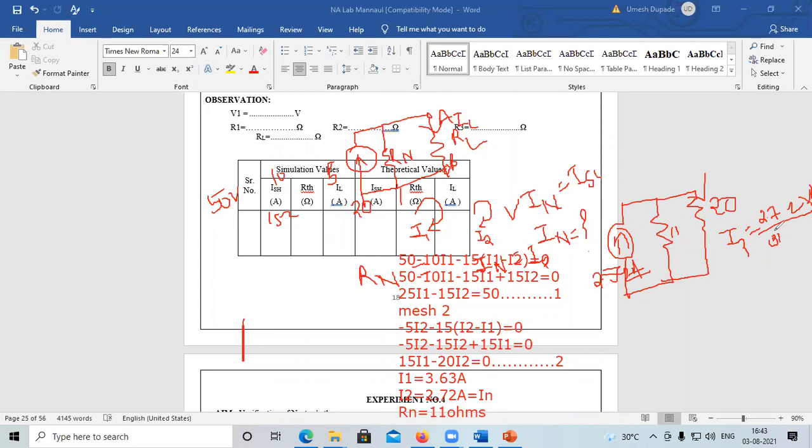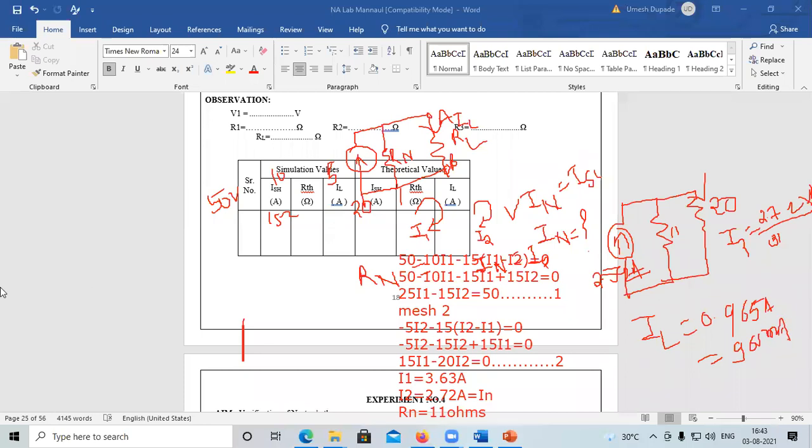Okay, so the load current IL is equal to 0.965 ampere. So it can be represented in milliampere, 0.965 milliampere. Okay, एवढी व्हॅल्यू येईल.